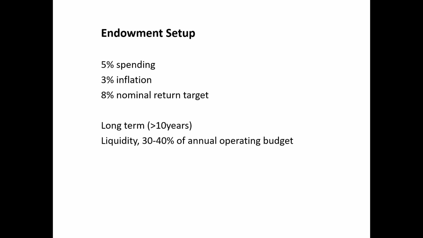Also, an endowment tends to have a long time horizon, definitely more than 10 years. That's what people always say: universities have hundreds of years of history, and are looking to have many more hundreds of years.